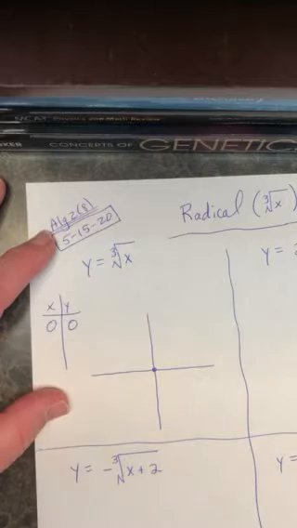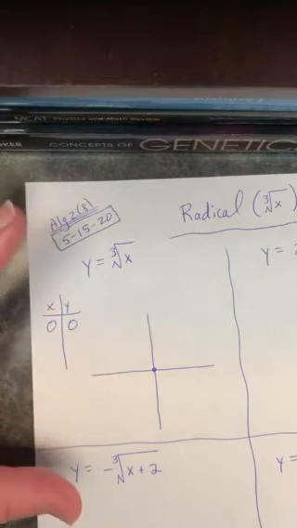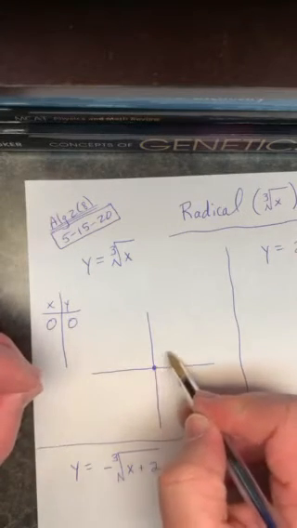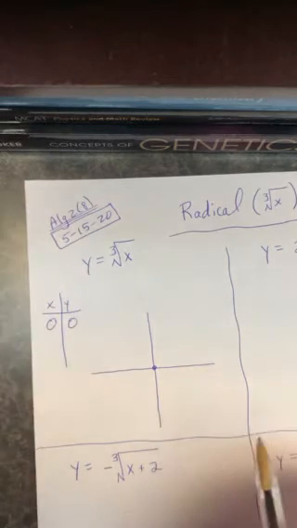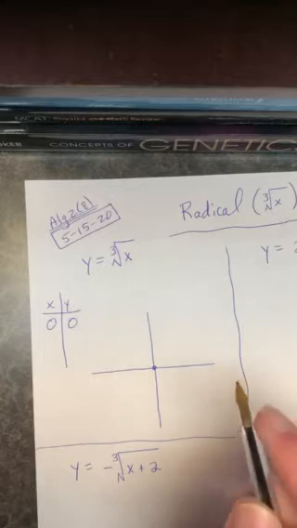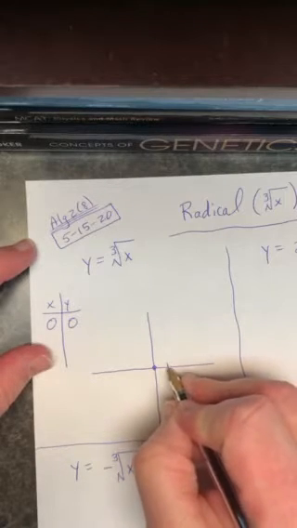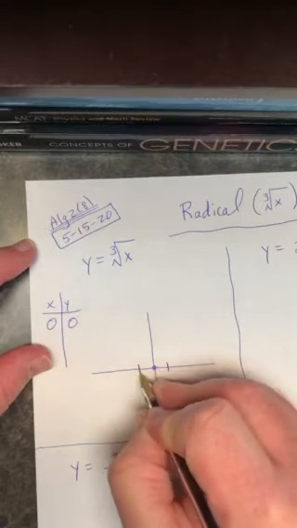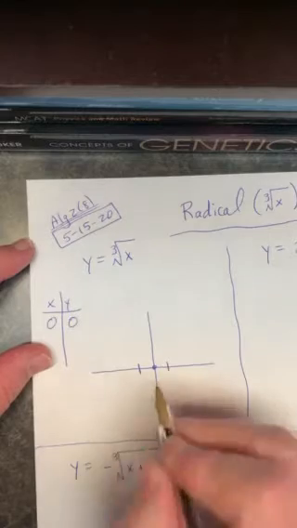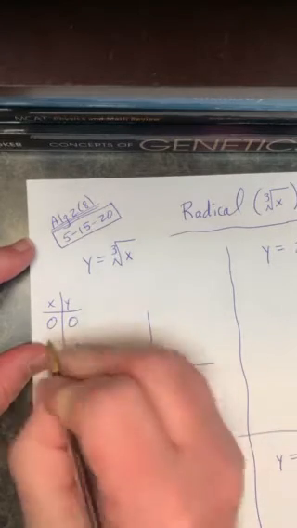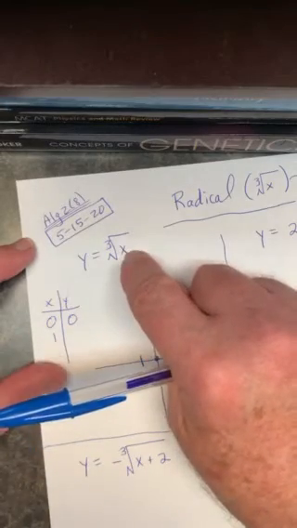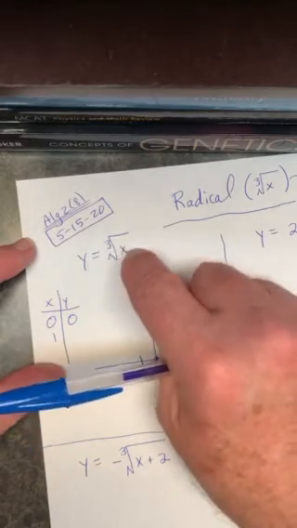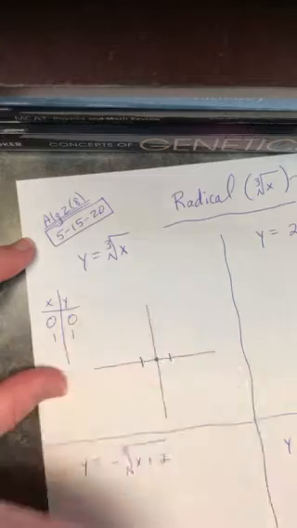Now, by the way, this will always be a curved shape. It's not a line, so it's not going to be a straight line. Pick a number to the right of that dot and pick a number to the left of it. If I pick 1 and plug it in for x, what's the cube root of 1? You would say 1.